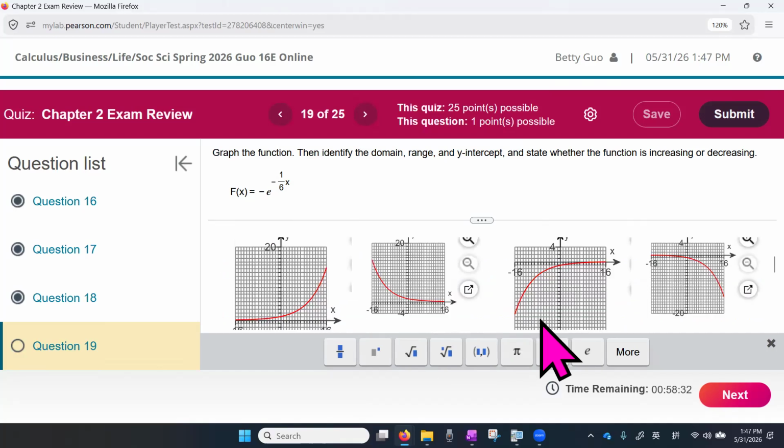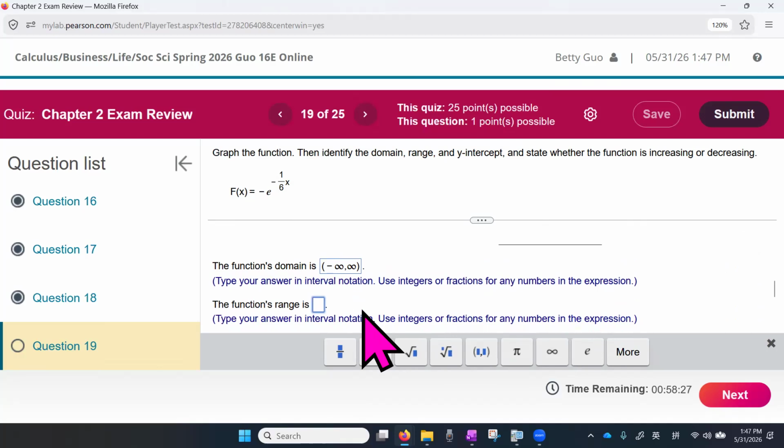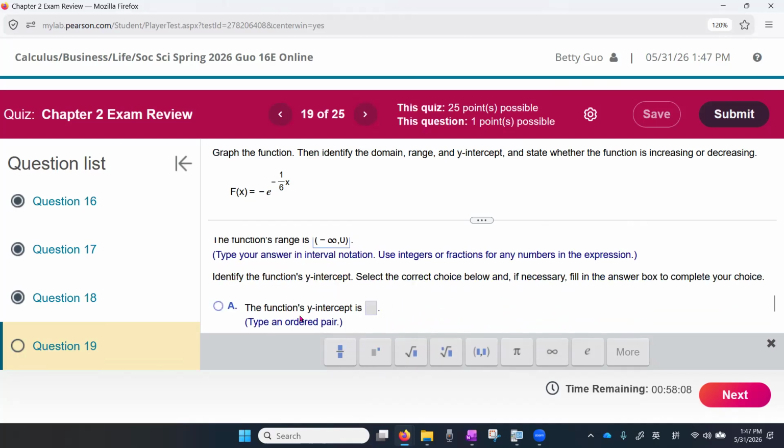Look at the graph, it's below the x-axis, so all negative. It's going to be negative infinity to 0. 0 is excluded because y equals 0 is the asymptote. You will never touch or cross over it. So it's an open interval, all negative. The y-intercept is (0, -1).